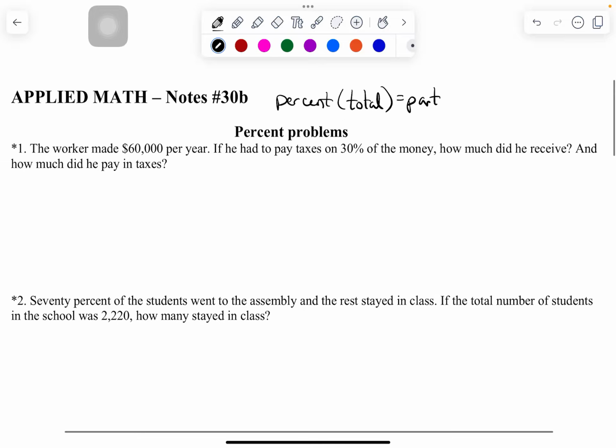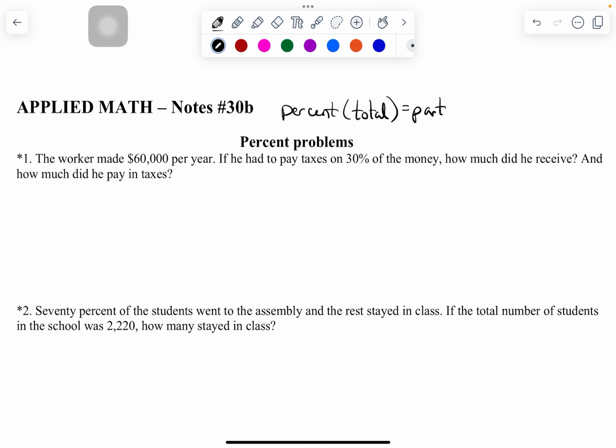Okay, so problem number one, we've got a worker that's going to make $60,000 per year. That is our total, right? And he has to pay taxes on 30% of the money. It's a two-part question.